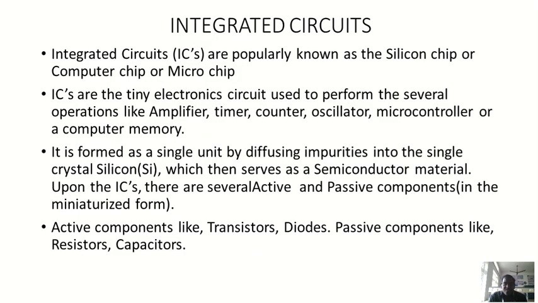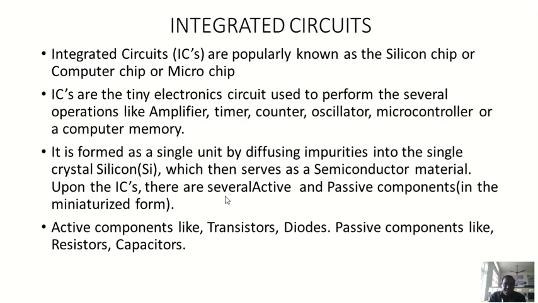Then we can come to integrated circuits. Integrated circuits are popularly known as silicon chip, computer chip or microchip. ICs are tiny electronic circuits used to perform several operations like amplifier, timer, counter, oscillator, microcontroller or computer memory.